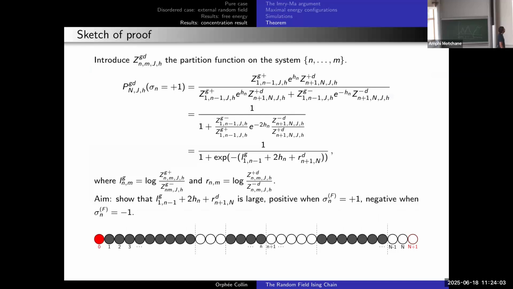Okay, so I'm just going to sketch the proof. We're mainly interested in this probability and showing, as the simulations suggest, that this probability is either close to 0 or to 1, corresponding to whether you're in an ascending or descending stretch. So let's first try to express this probability.